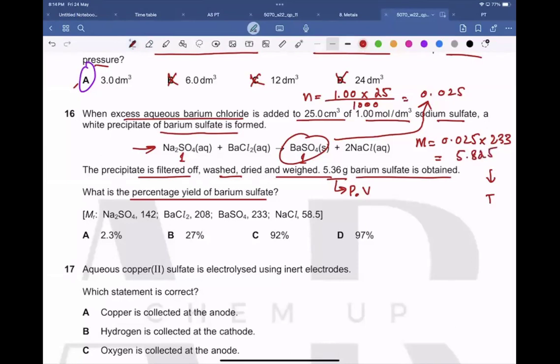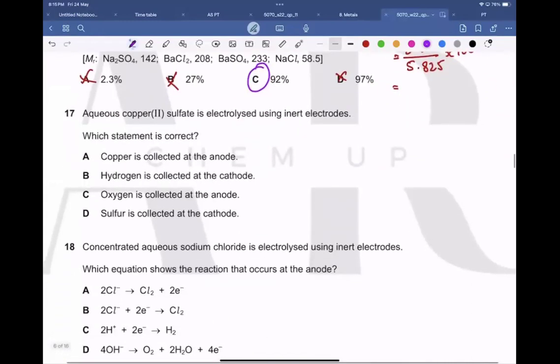So 5.36 over 5.825 multiplied by 100. Can anyone tell me the percentage? I think it's 97 or 92. It's 92. Okay. So the correct answer.